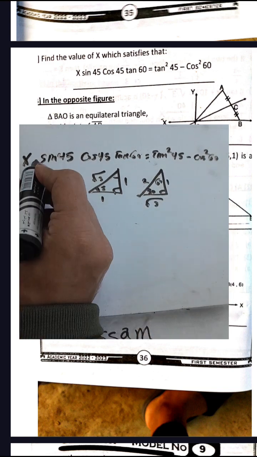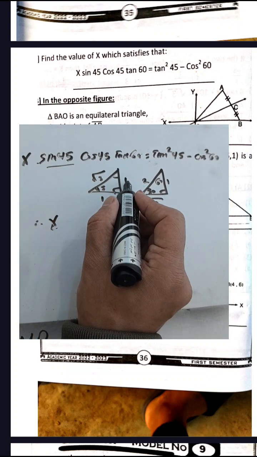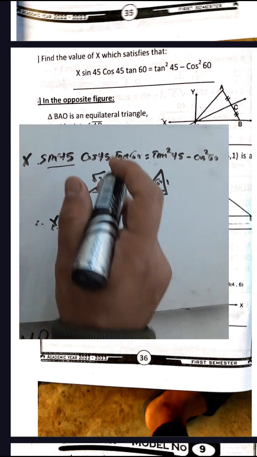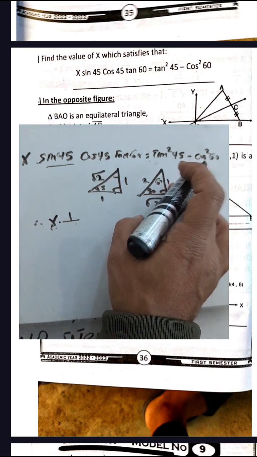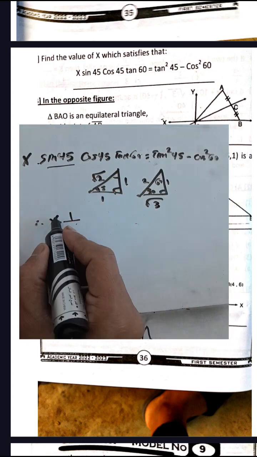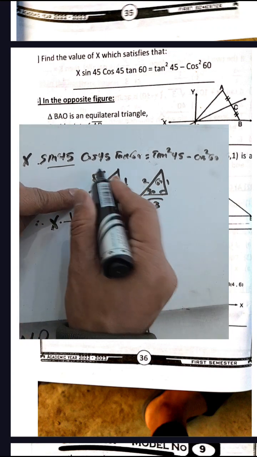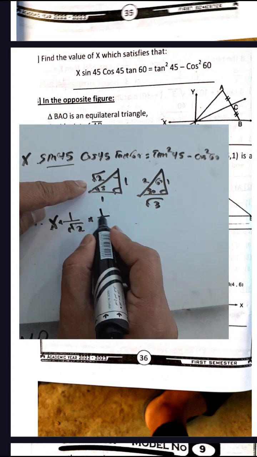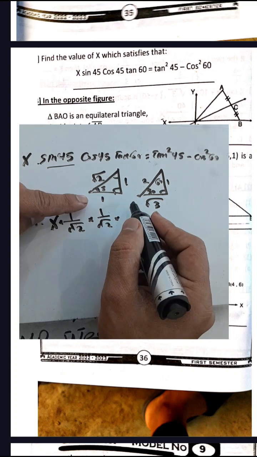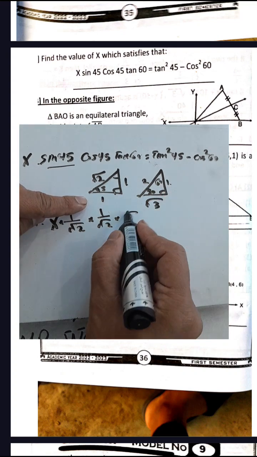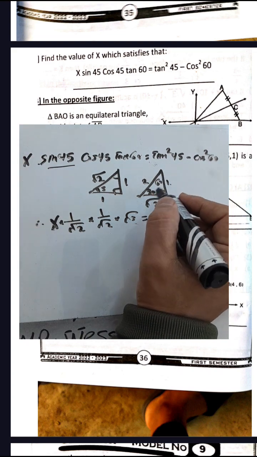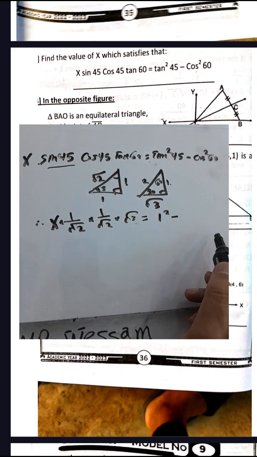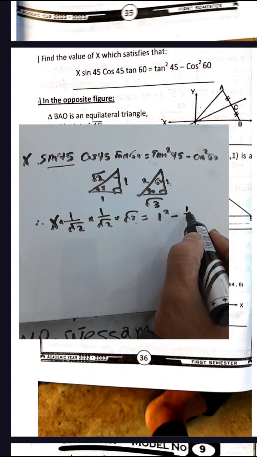Then x multiplied by sine 45, which is opposite over hypotenuse, 1 over root 2, multiplied by cosine 45, 1 over root 2, multiplied by tan 60, opposite over adjacent, which is root 3, equals tan 45 power 2, which is 1 power 2, which is 1, subtract cosine 60 power 2, where cosine 60 is 1 over 2, to the power 2.